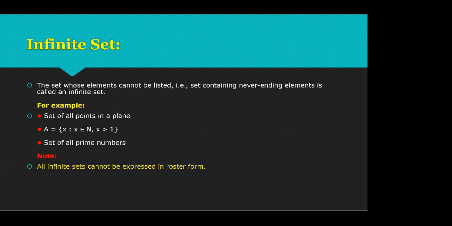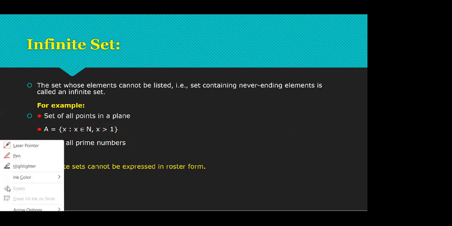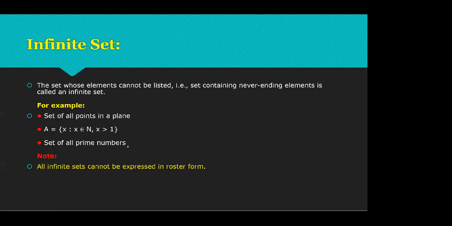So, for our other example, set A, wherein x is an element of N and x is greater than 1. So, it would be from 2 to positive infinity. Right? Another example is the set of all prime numbers. So what is again a prime number?